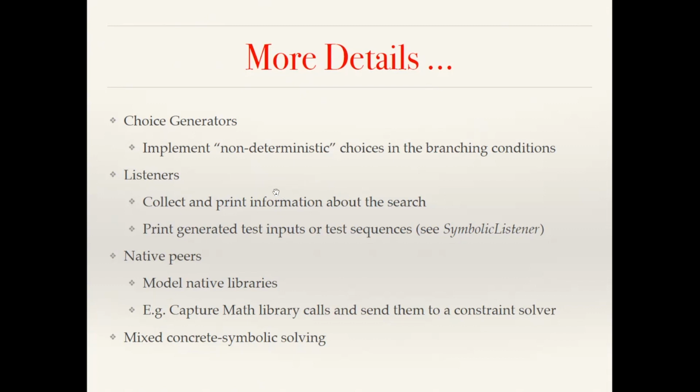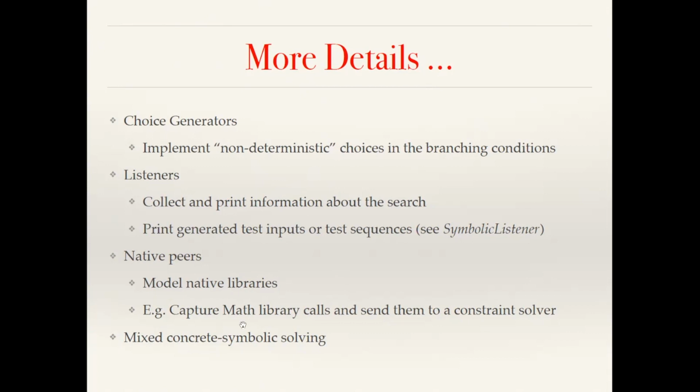We also use the listener mechanism from Java Pathfinder that is used, for instance, to collect and print information about the search, print generated test inputs or test sequences. In the last few years, the heavy use of listeners was to implement different heuristics that influence the search. There is also a mechanism for modeling native libraries.